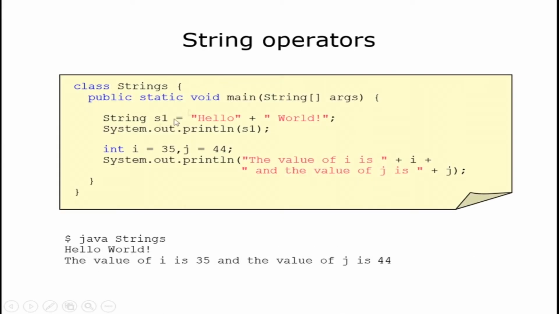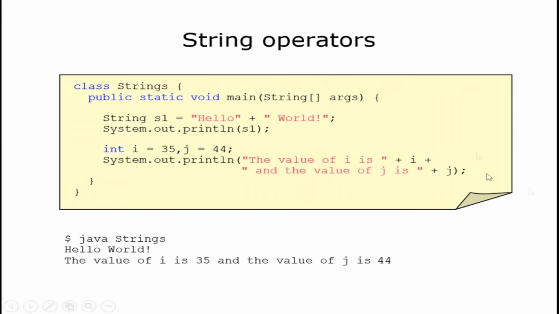Okay, so look at here. When we use the plus sign, it combines the first word hello and the second word world into a string called s1. When we print it out, hello world is shown. Also the plus sign can be used in printing, because printing is actually printing a string.